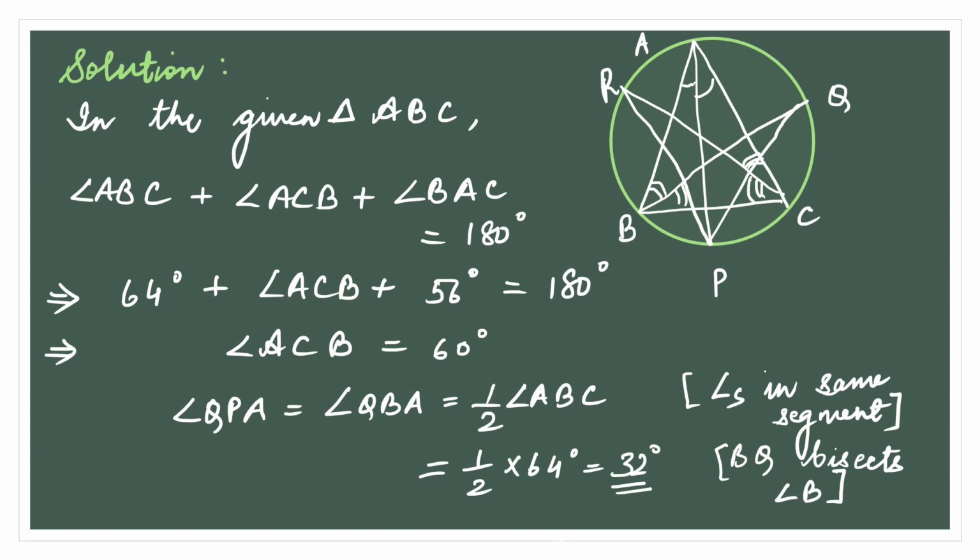It is equal to angle QBA, which is half of angle ABC, because they are the angles formed in the same segment.